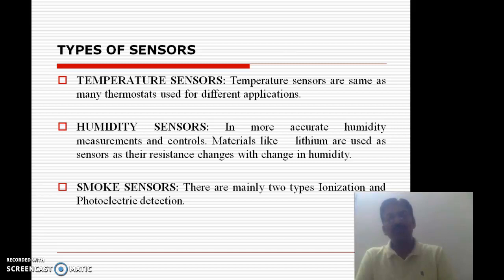So the selection of the fan is very important in the design of an air conditioning system. Here we have already covered the different equipment used in air conditioning systems and air handling units.